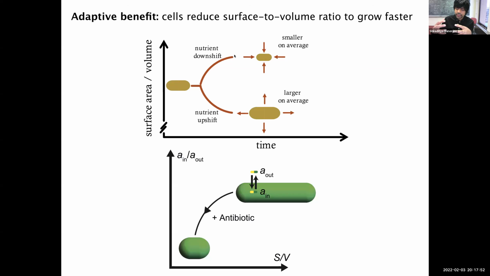So by reducing surface to volume ratio, you reduce the influx of drugs. So what bacteria can do is that when you feed them with antibiotics, they can reduce their surface to volume ratio and dilute the amount of antibiotics, okay? So that they have more advantage to remain and to evade the action of antibiotics. So this can be a mode of antibiotic resistance in bacteria.